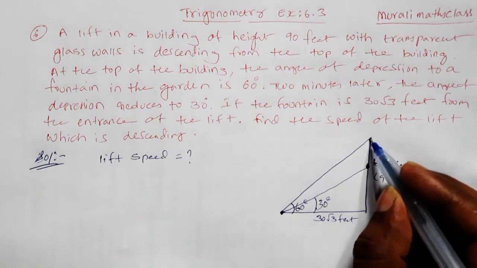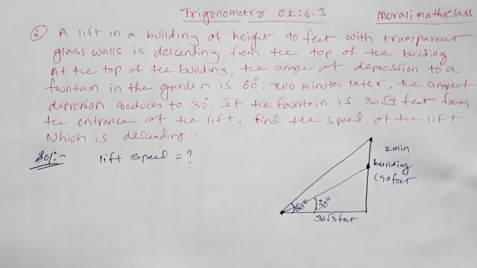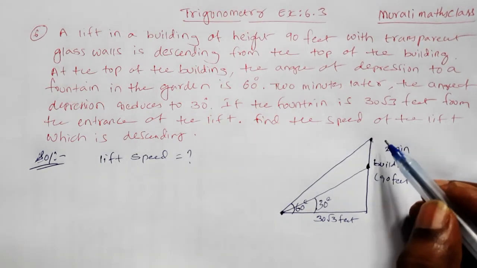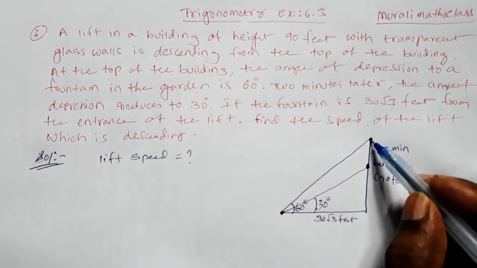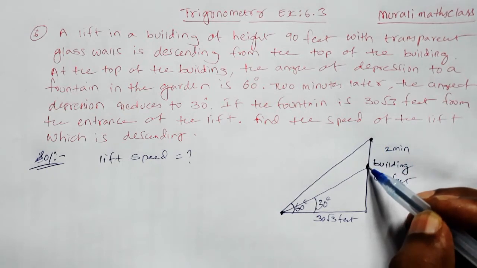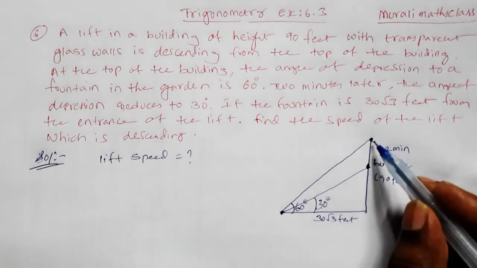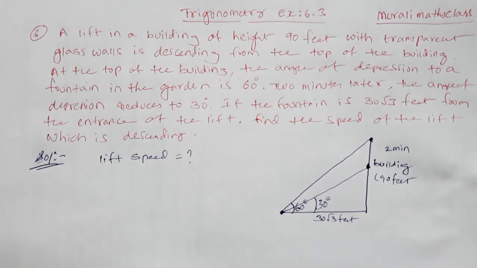So from here to here it took 2 minutes. At the starting the lift was here. After 2 minutes it reached here. When it reached here, the angle of depression is 30 degrees. Starting, 60 degrees.